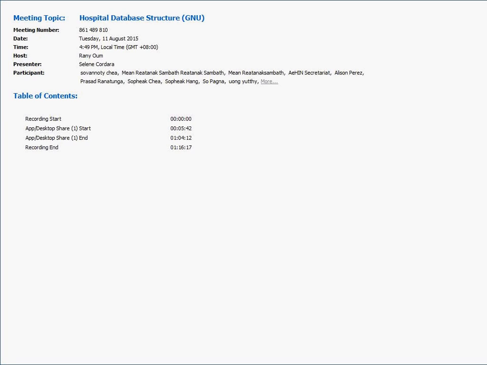So, in a nutshell, I would say that GNU Health is based on levels. The first level deals with people, the community. We have the domiciliary units where we have families, and we deal with operational areas, sectors, institutions, and so on.